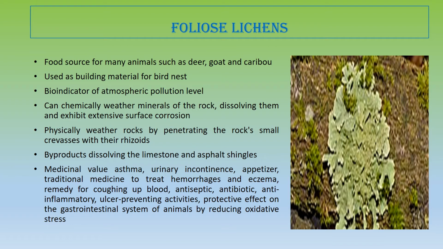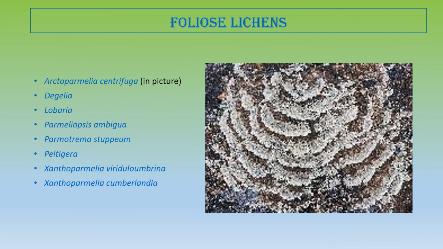It is anti-inflammatory. So it is generally used by animals to protect themselves against oxidative stress. These are the examples of various foliose lichens, and this picture is of Arctoparmelia centrifuga.